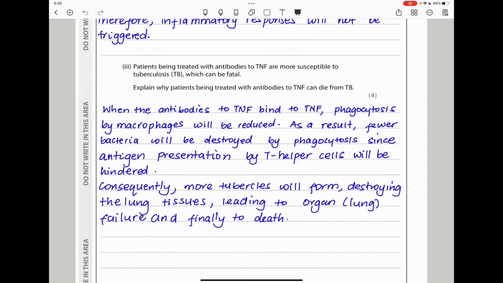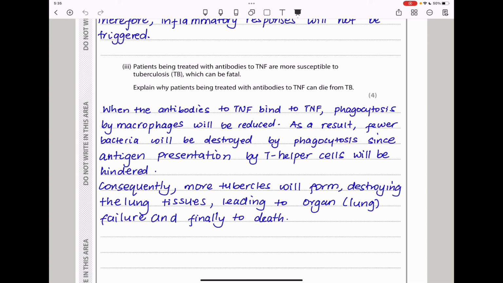You can understand that, and as a result, fewer bacteria will be destroyed, because remember, tuberculosis is a bacterial disease. So if phagocytosis by macrophages is reduced, it means fewer bacteria are going to be destroyed by these macrophages or phagocytes.